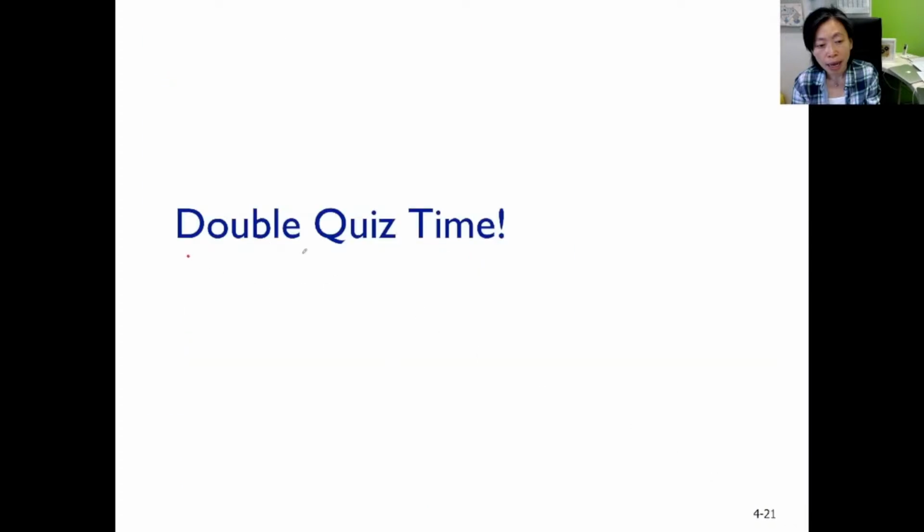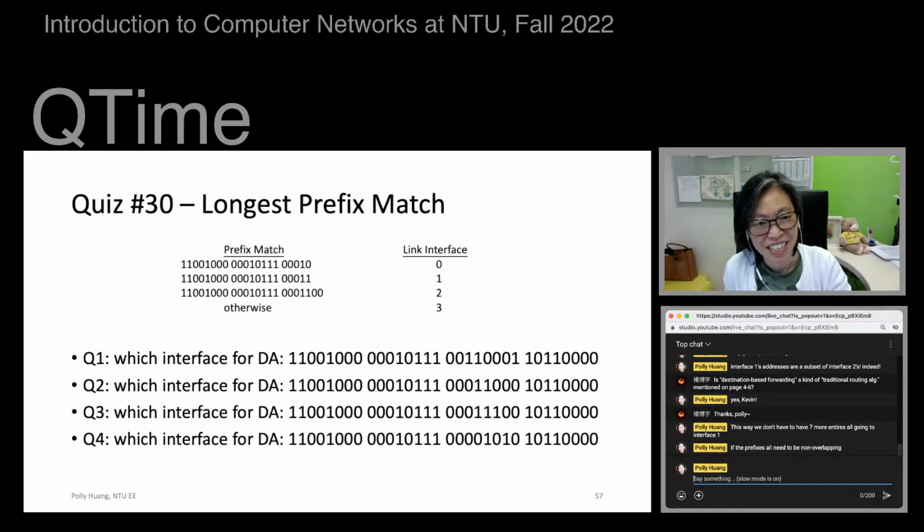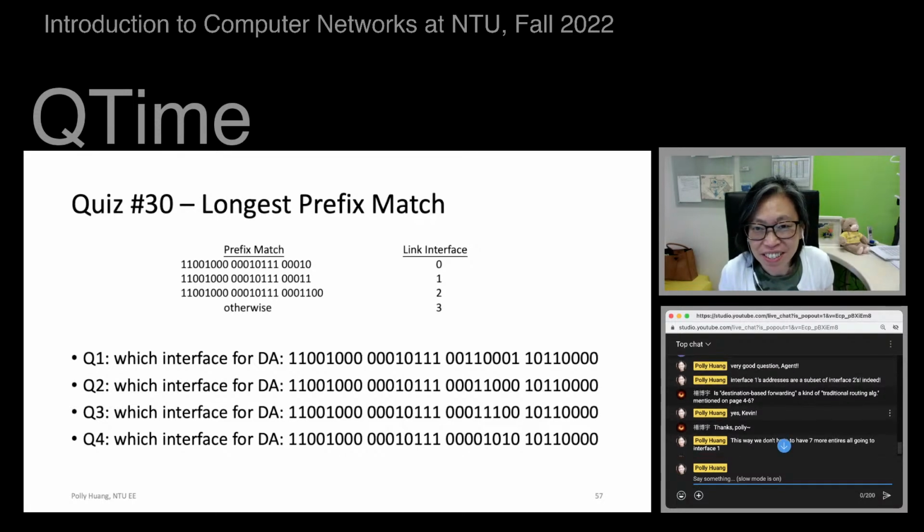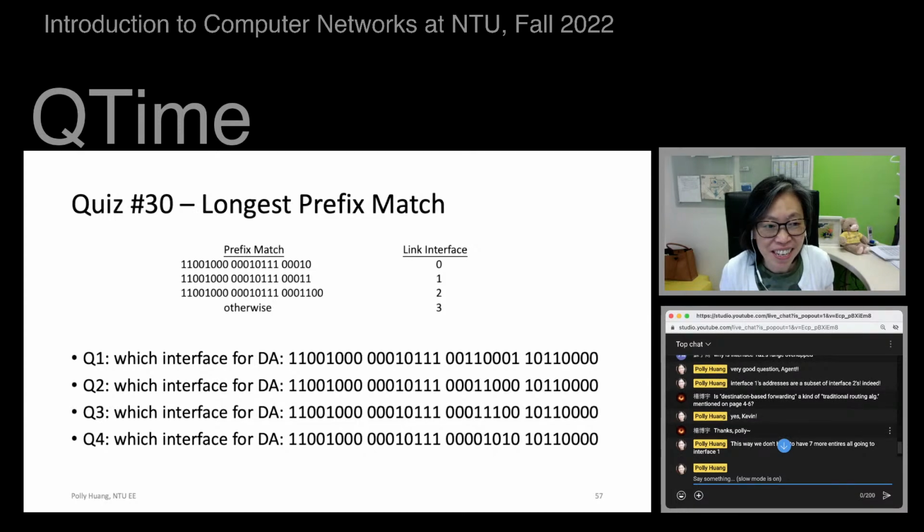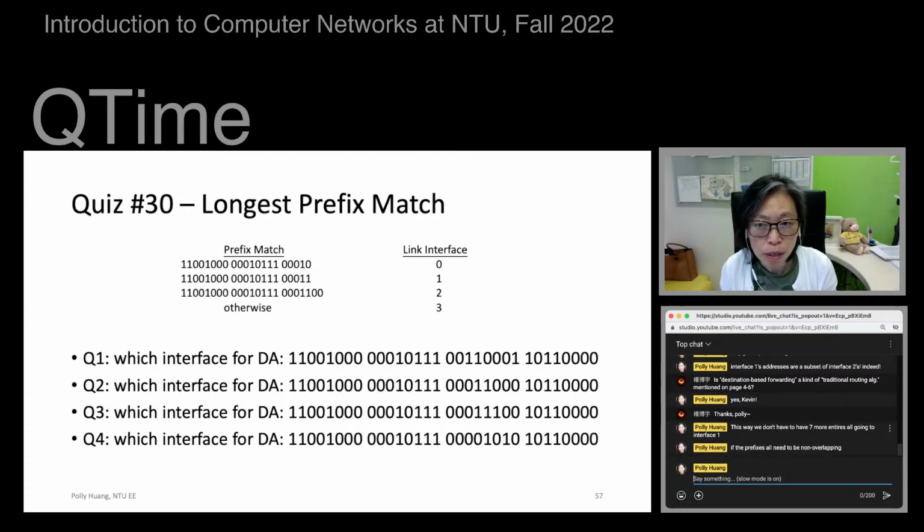And that takes us to a double quiz time. Yeah, a very good question, Zijun. You see that those entries going to interface 1 and interface 2 overlap. That is exactly to demonstrate what doing longest prefix match means. By doing longest prefix match, we don't need to have 7 more entries to separate them from the 11100, something something, and then the 111 part.